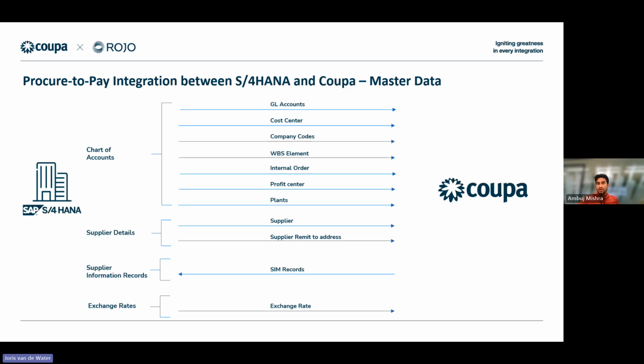So you can see there is chart of accounts between Coupa and S/4HANA, which covers GL account, cost center, company code, WBS element, etc. You can replicate your supplier between Coupa and S/4HANA, and we also cover different flavors or variations of supplier between Coupa and S/4HANA in 3 different data models as well. You can sync your supplier from Coupa to S/4HANA as well, and exchange rate. So these are the objects which are covered as part of master data integration.